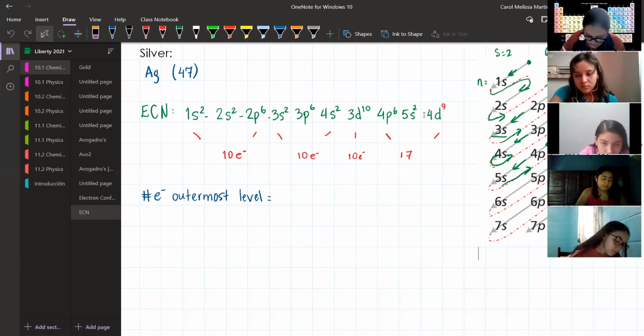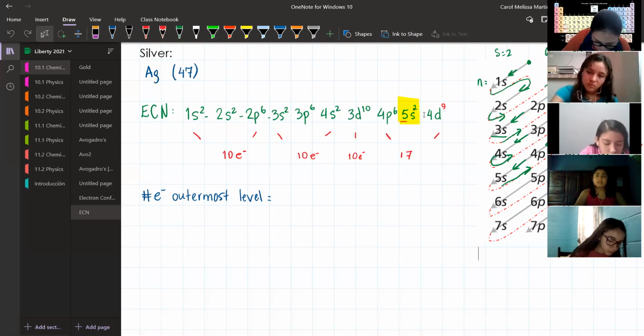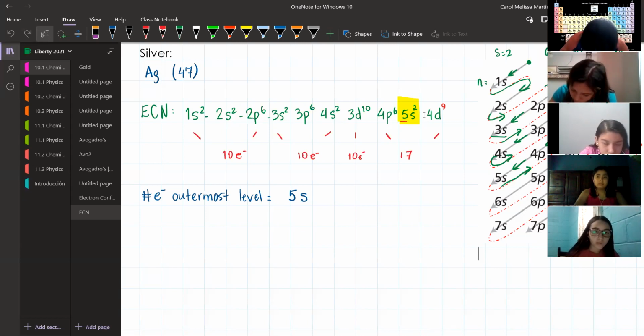So the greatest n is the 5. Okay, and that's the only 5 that we have, so we're going to write it. The outermost level is in the quantum level 5, can hold 2 electrons. So in total, I have just 2 electrons in the outermost level.